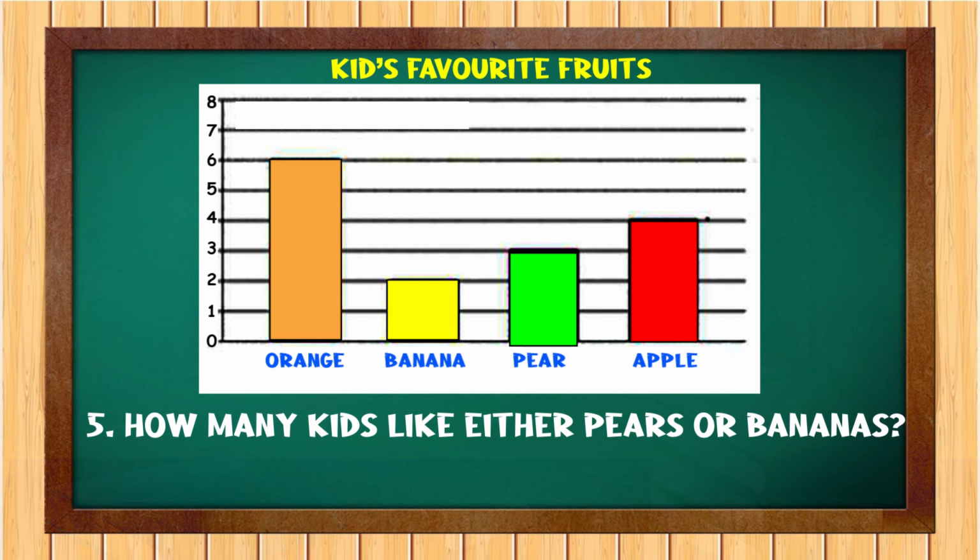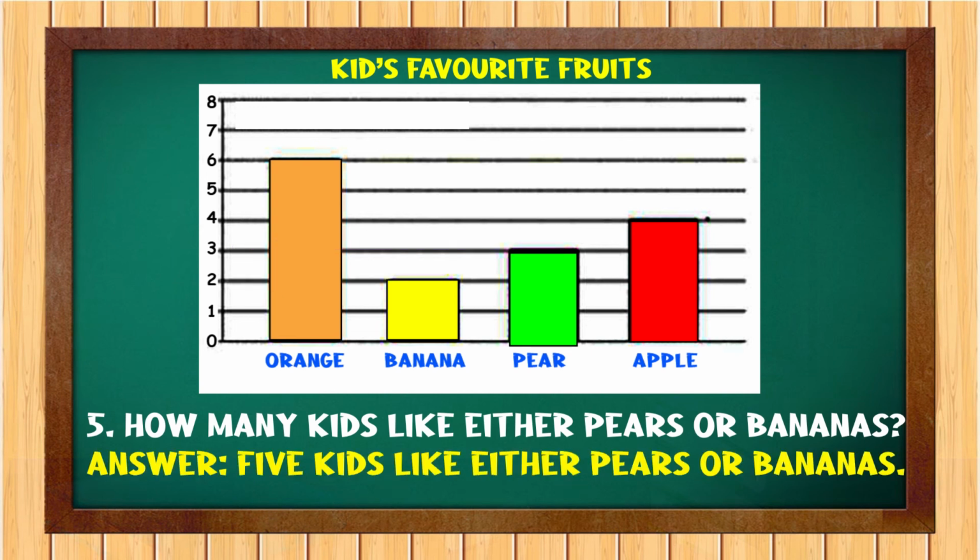So we're going to add how many children like banana and how many children like pear. So we know that 2 children said they liked banana, while a total of 3 children said they liked pear. Therefore, 2 plus 3 would give us 5. So 5 kids liked either pear or banana.